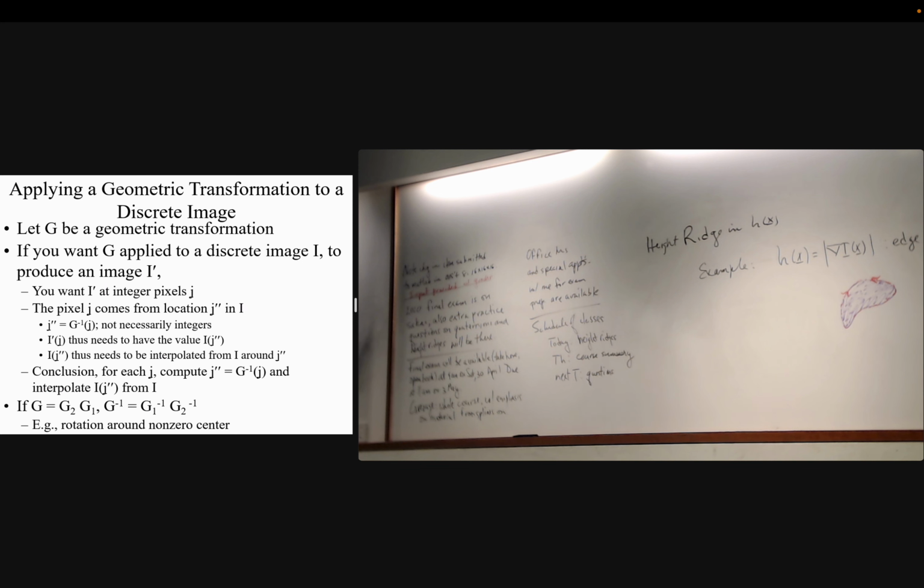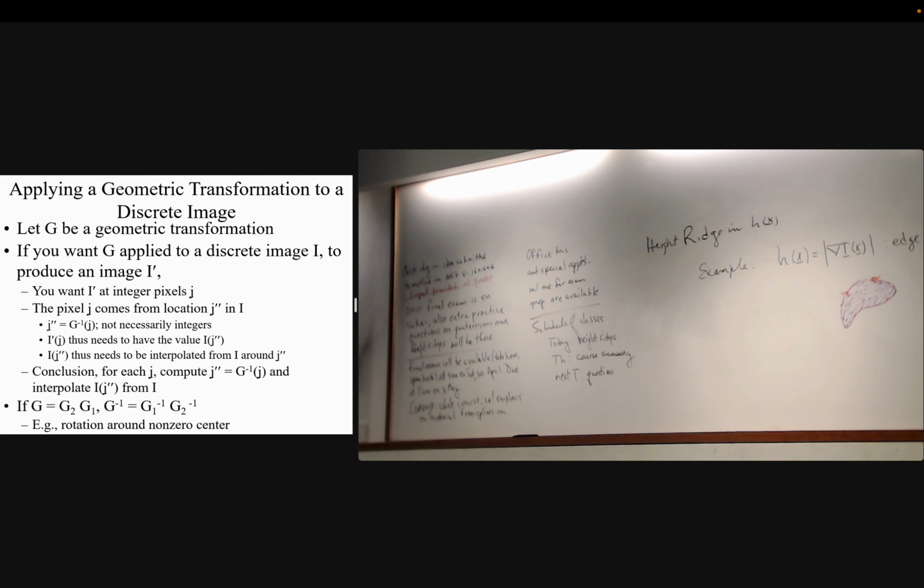So since you're doing G inverse, that was exemplified in the homework assignment where the transformation was translation by delta x, but the inverse was translation by minus delta x, and that was the G inverse that you applied, right?